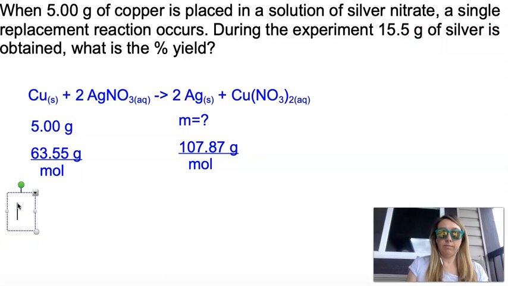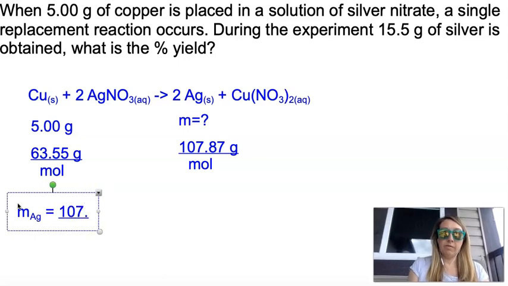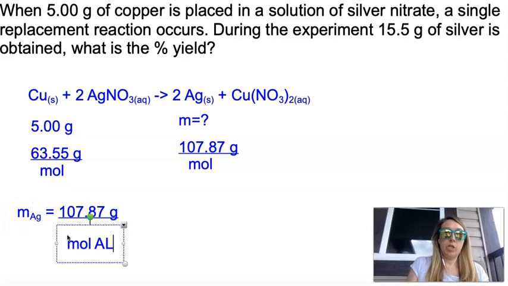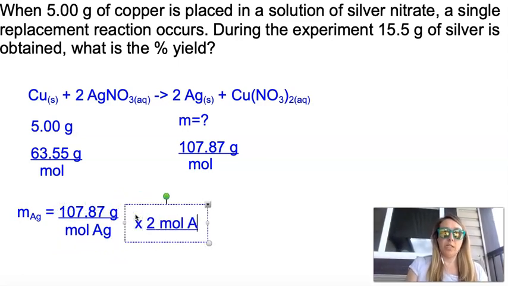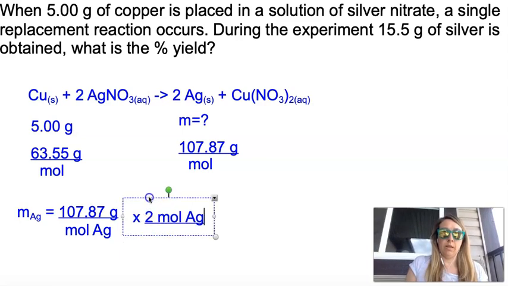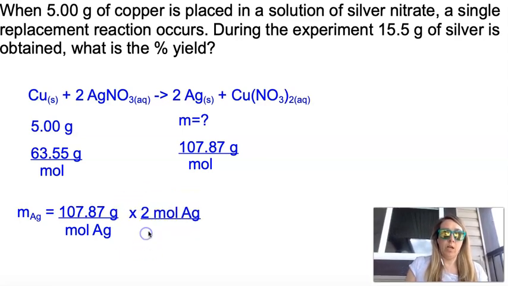So calculating the mass of silver, we're going to start with the molar mass of silver, so 107.87 grams per mole of Ag. Okay, we need to get rid of moles of Ag, so we're going to use our ratio. So times 2 moles of Ag over 1 mole of copper.